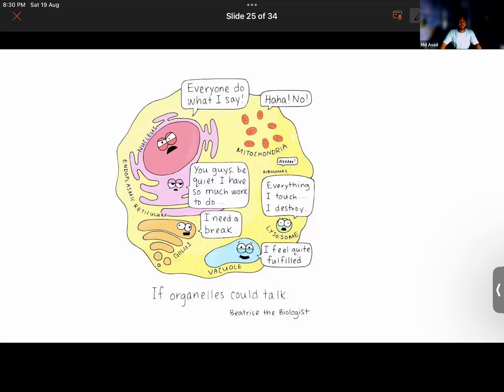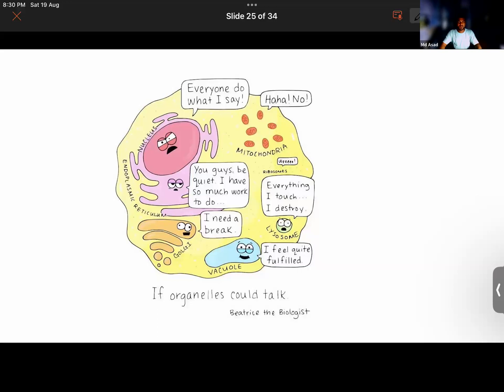Those are the classification of ER, SER and RER. Its function is that it acts as the transport system of the cell. It transports chemicals inside the cell and outside the cell. It also basically carries ribosomes. Getting it?